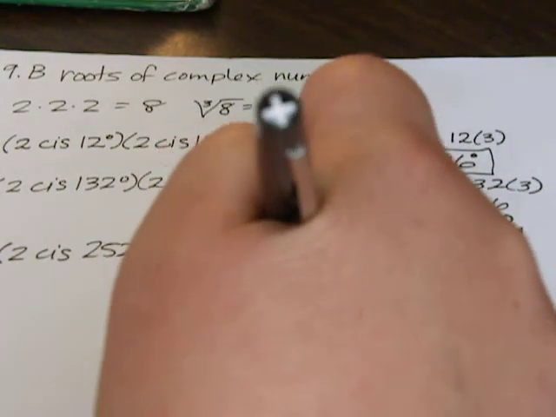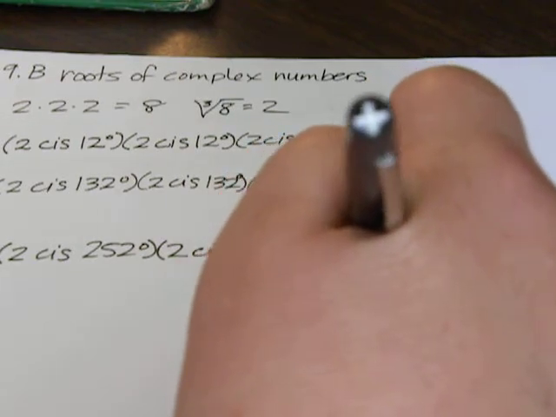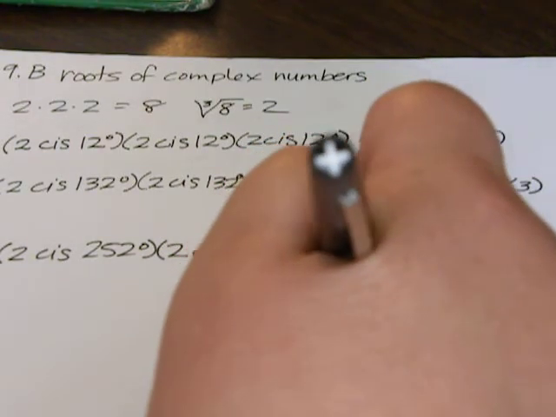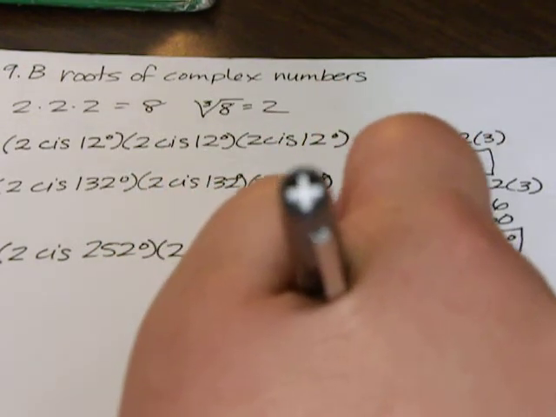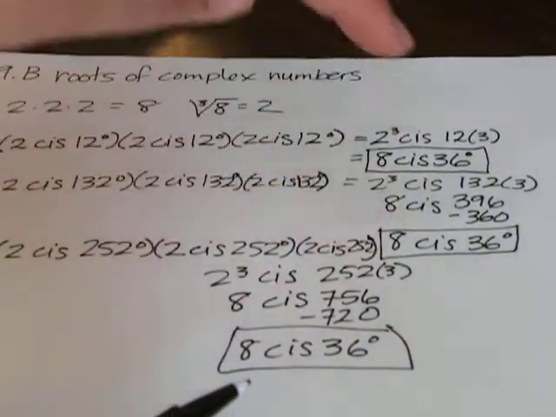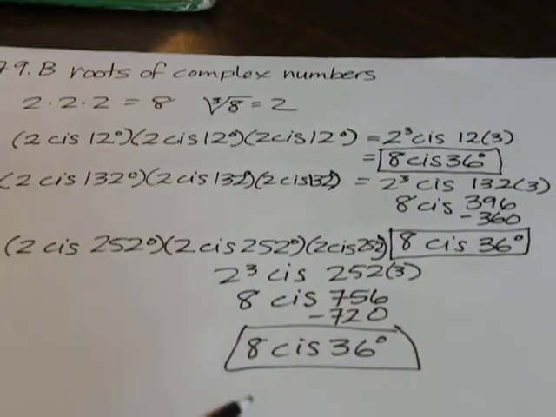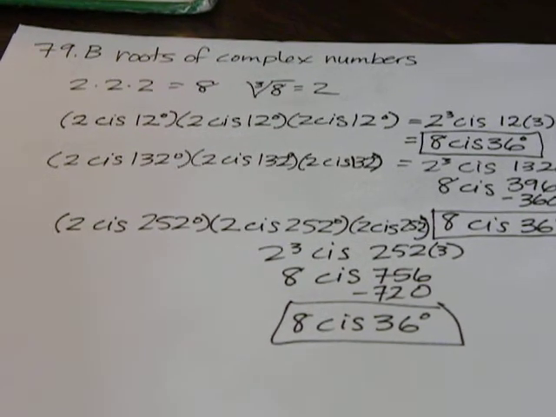So that is 8 CIS 252 times 3 is 756. If you subtract 720 from that, you get 8 CIS 36. So you get the same thing. So we have 3 different ways to come up with 8 CIS 36. So there are actually 3 roots of 8 CIS 36.